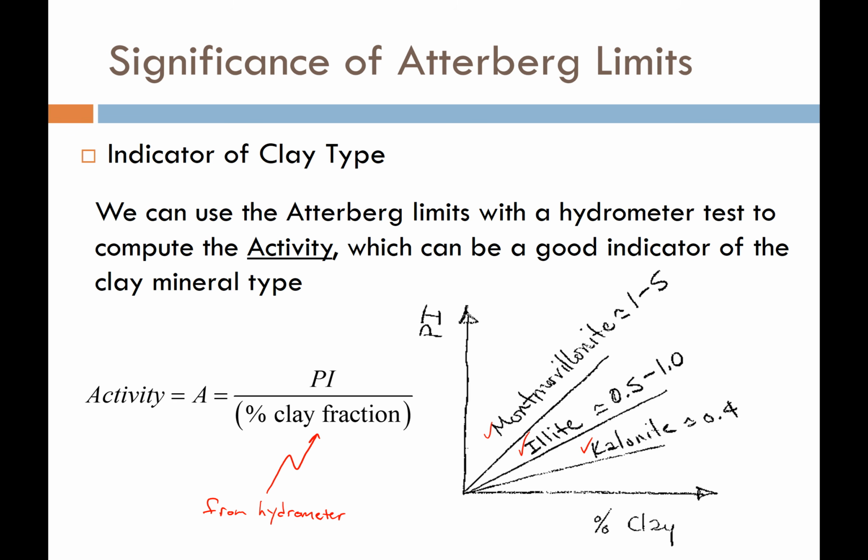So it might be an indicator I need to do some engineering on that soil. However, if I compute an activity that's less than 0.5 maybe, or 0.4 or less, that's telling me that the clay mineral in that clay is probably pretty inert and is not going to react extremely with water when water is introduced.